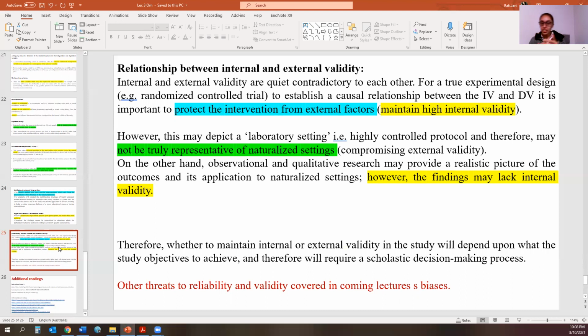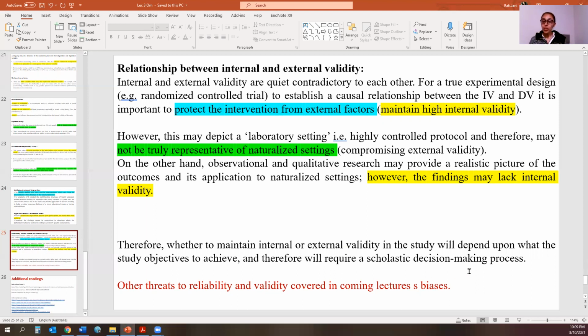On the other hand, when you have studies which are done in completely naturalized settings, with no control whatsoever, more observational or qualitative based, then you have amazing external validity, because you are inquiring, interacting, and understanding the participants in their real day-to-day life practices. So that is a different scenario where you have good external validity.